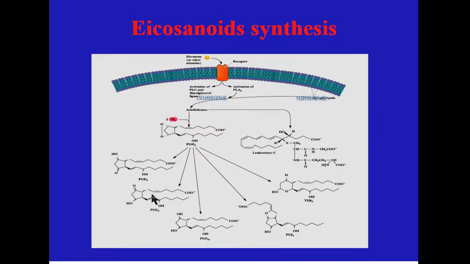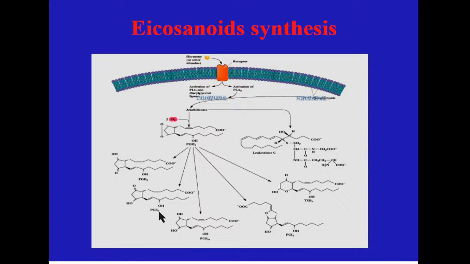Look, they are cyclic forms and are divided into several classes. Classes are marked with the letters A, D, B, G, I, F, and small numbers indicate the quantity of double bonds in the chains that are still present in their structure. So if this is PGI2, it means that this special ring is contained by the representatives of this class, and 2 double bonds here.